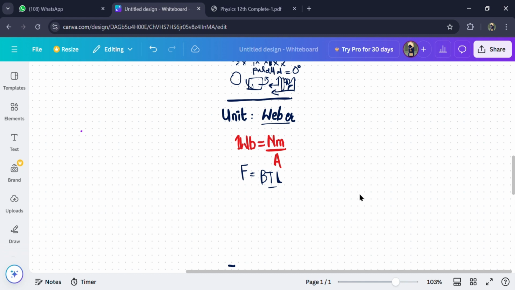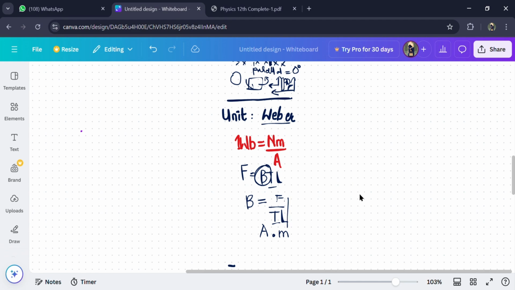Now, if we want the formula for B, we'll keep B here, and it will become F upon IL. Force is Newton, and I is current, denoted by ampere, and it is being multiplied by m, which is the length.